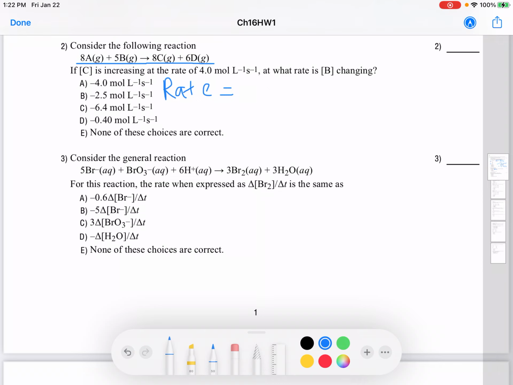When we write the rate for the reactants, since the reactants are going to diminish throughout the experiment, the sign is going to be negative.